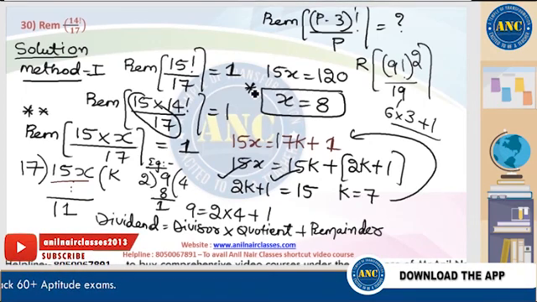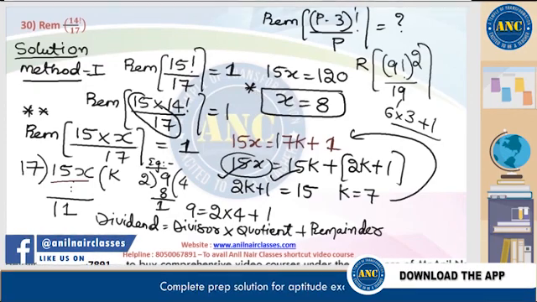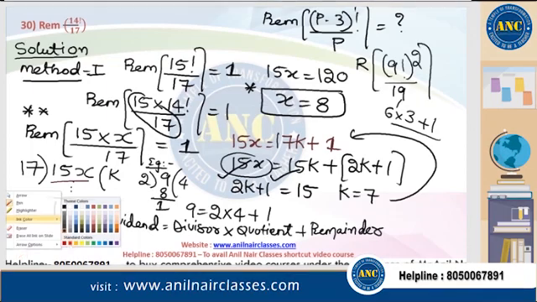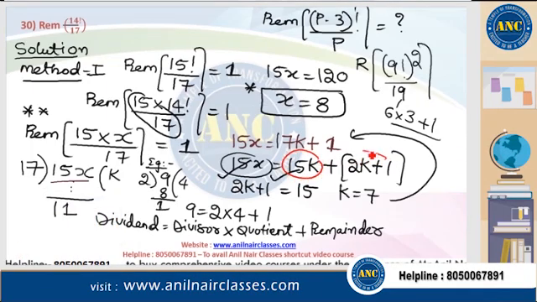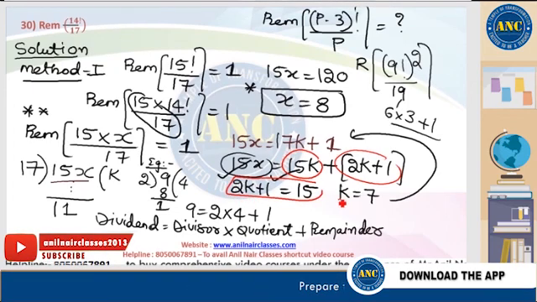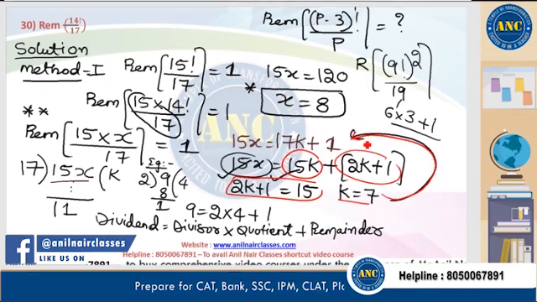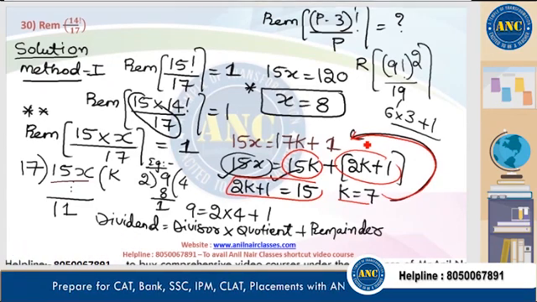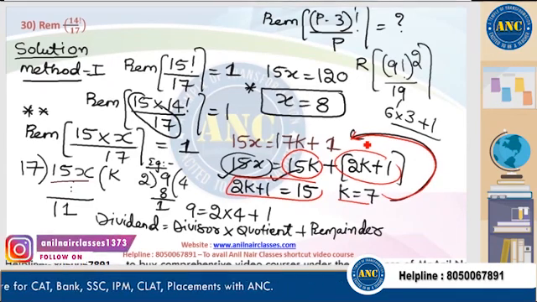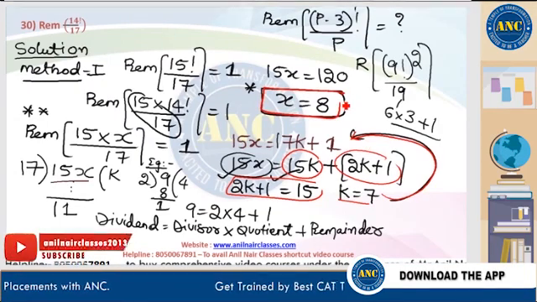So 15x is 15k plus 2k plus 1. 15x is divisible by 15, and 15k is also divisible by 15, so 2k plus 1 should be divisible by 15. The k value is 7. If I resubstitute in the equation, 15x equals 17 into 7 plus 1, which is 120. The x value is 8. The answer for this question is 8.